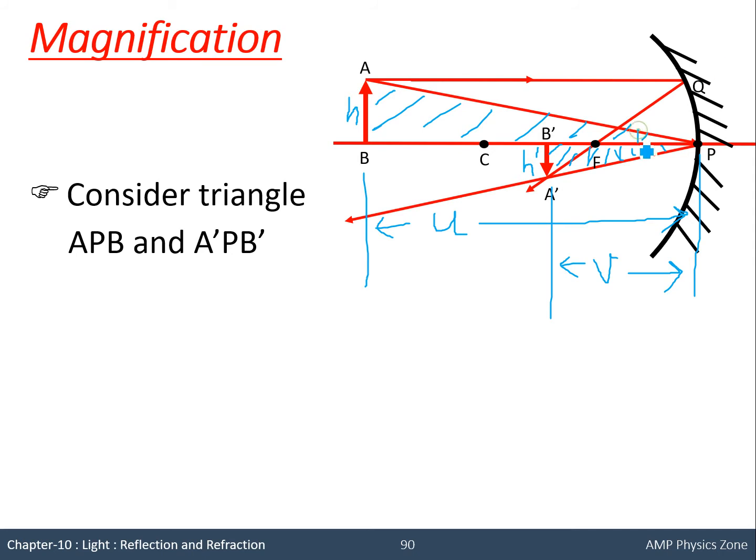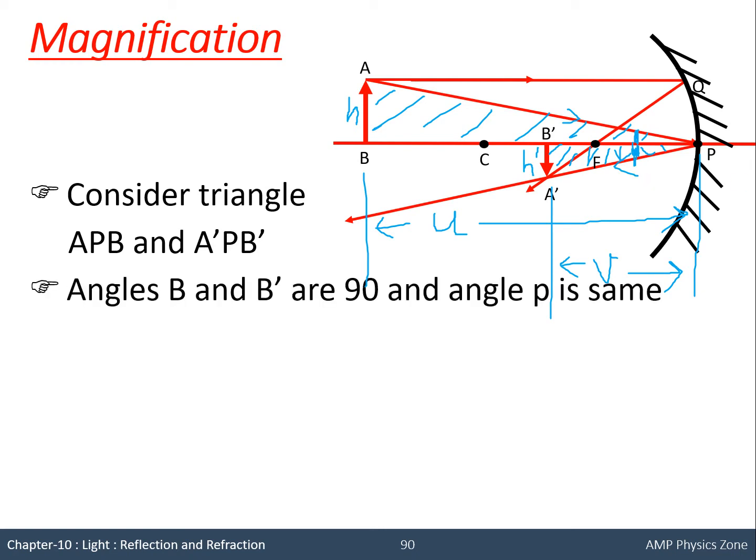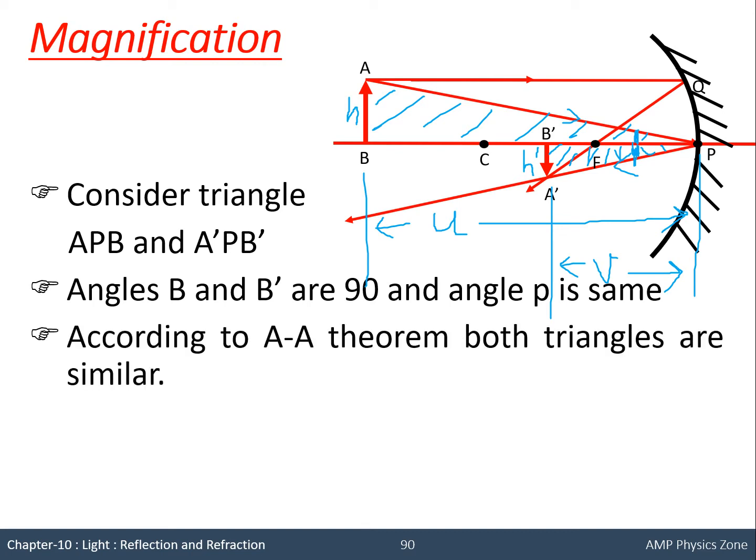So this angle and this angle will be the same because this is the incident ray, this is the reflected ray. As two angles are the same, the third angle will automatically be the same. So these two triangles are similar according to the AA theorem, or you can say AAA theorem.